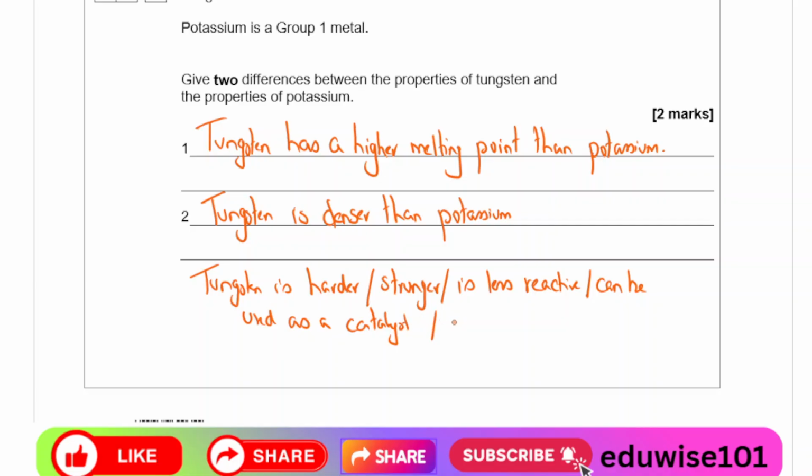Or you could say has ions with different charges, or you could also say forms colored compounds.